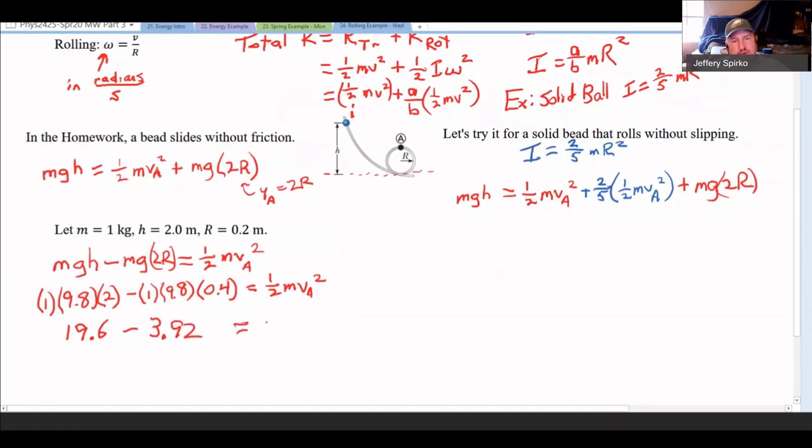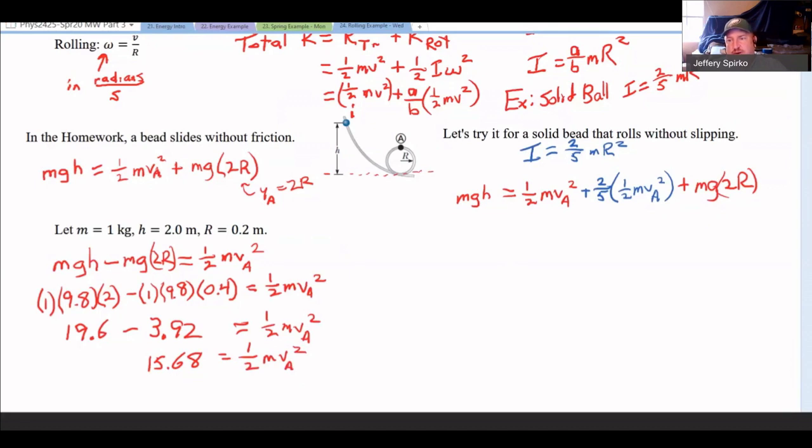That is 1/2 mv sub a squared. So 19.6 minus 3.92 is 15.68. That's how much kinetic energy we have, and that's equal to 1/2 mv sub a squared.